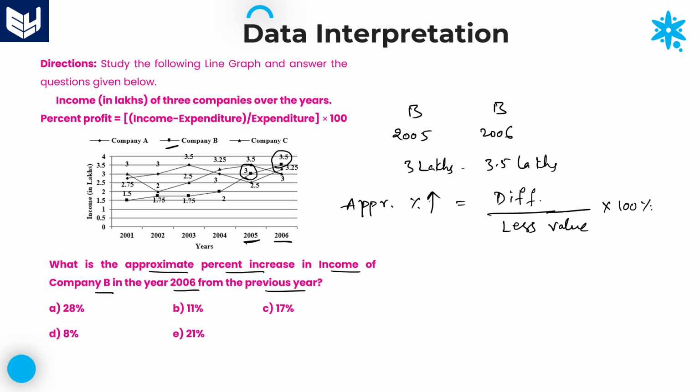That is a common formula, right? So first take the difference between 3 lakhs and 3.5 lakhs, which is 50,000. So the difference is 50,000 divided by the lesser value, 3 lakhs. Write it in the denominator as 3 lakhs, into 100.